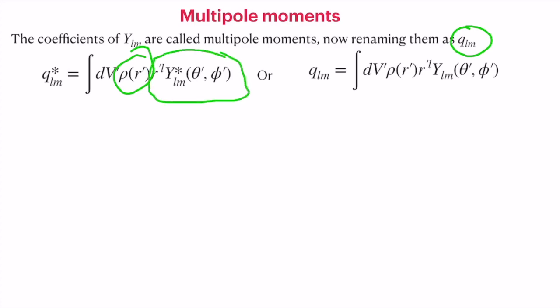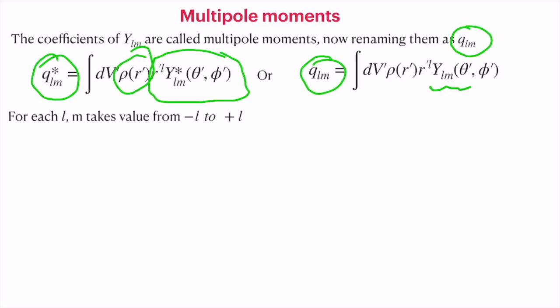So you can compute the Q star, because it's a complex number. Depending on the basis which you use, you get the complex conjugate or Q_LM. For a given L, we have M which goes from minus L to plus L.